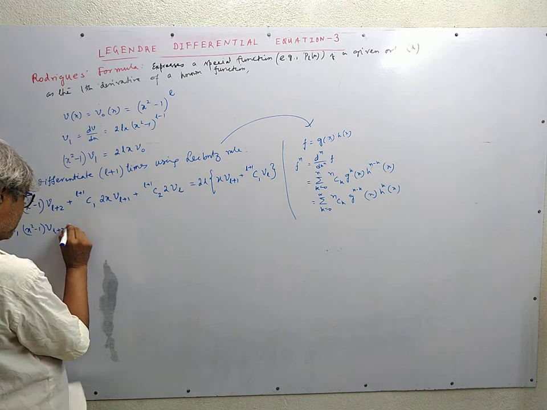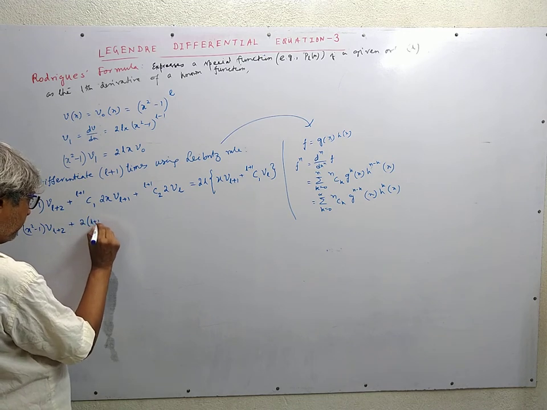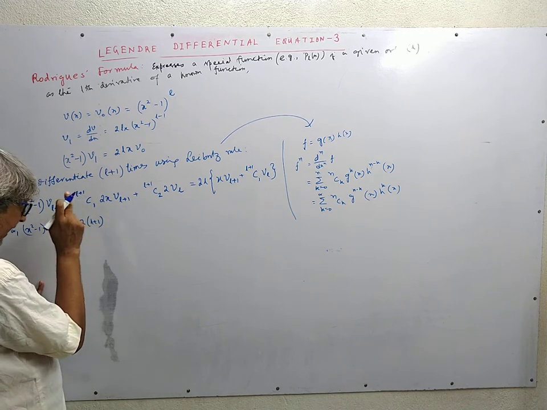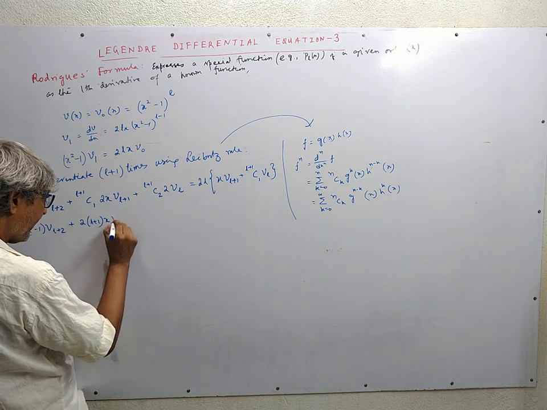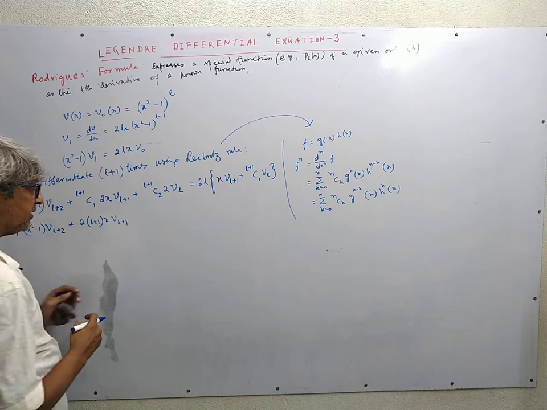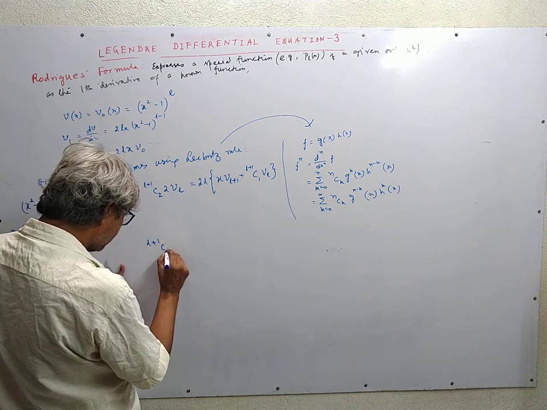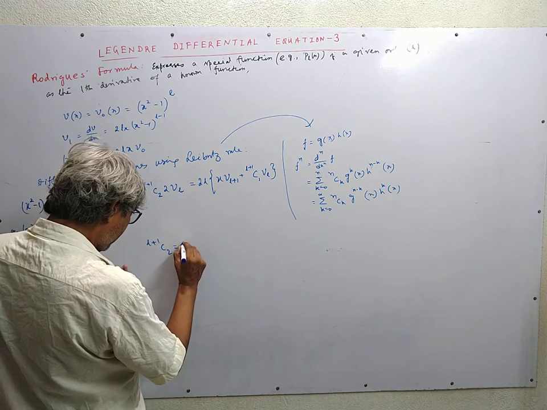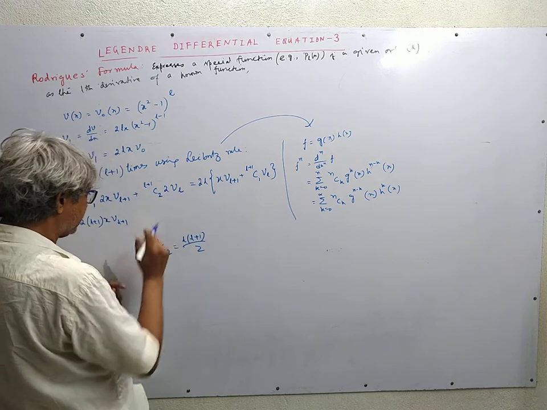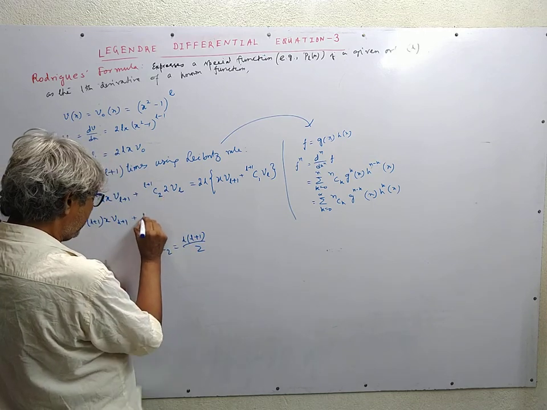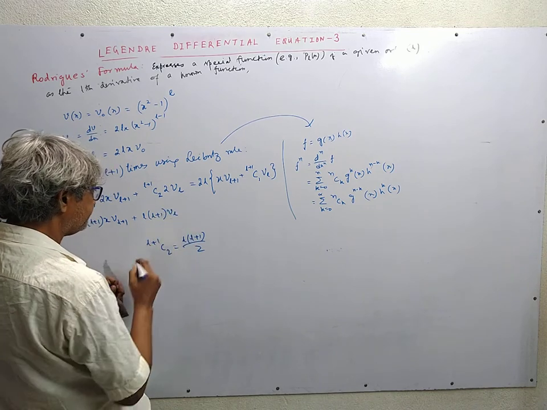Coming to this term, this is 2 times L plus 1, where L plus 1 comes from L plus 1 C1, x V of L plus 1. Here we have L plus 1 C2 is L into L plus 1 by 2. These 2 cancel with this 2, so we have L into L plus 1 VL.